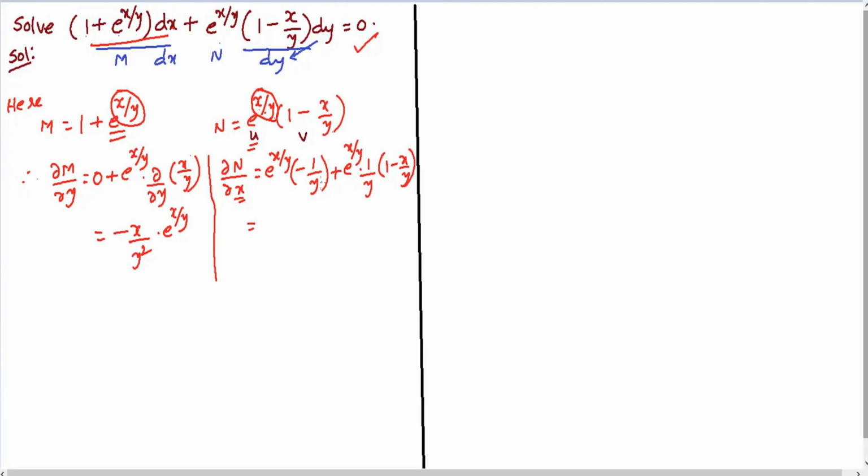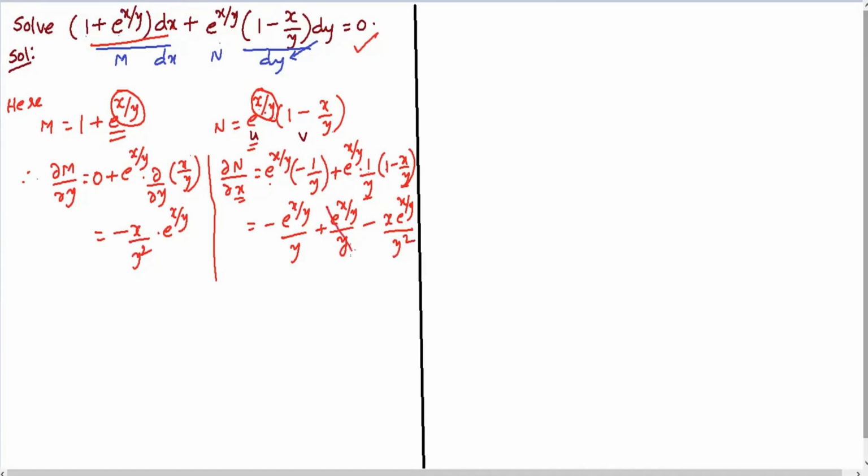Okay, so separate the terms. −1 into e^(x/y), that is e^(x/y)/y, plus 1 into (1/y) into e^(x/y). So you will get e^(x/y)/y, and with minus into minus becoming plus, you are getting x e^(x/y) in the numerator. In the denominator we have y into y, it would be y².